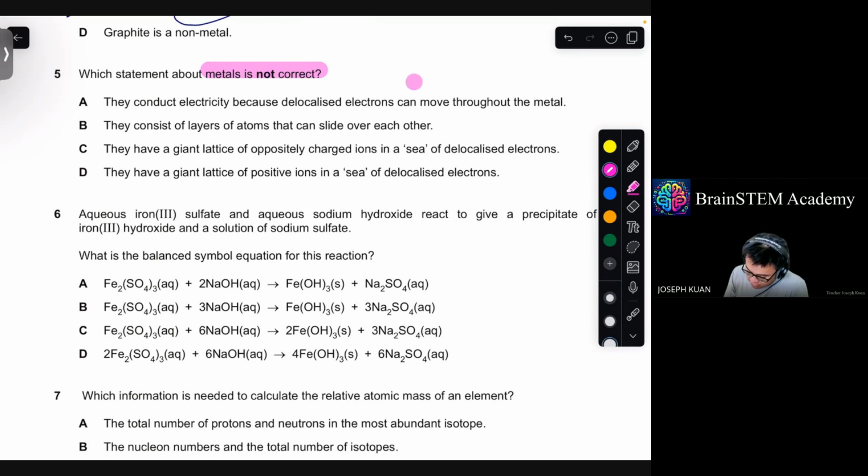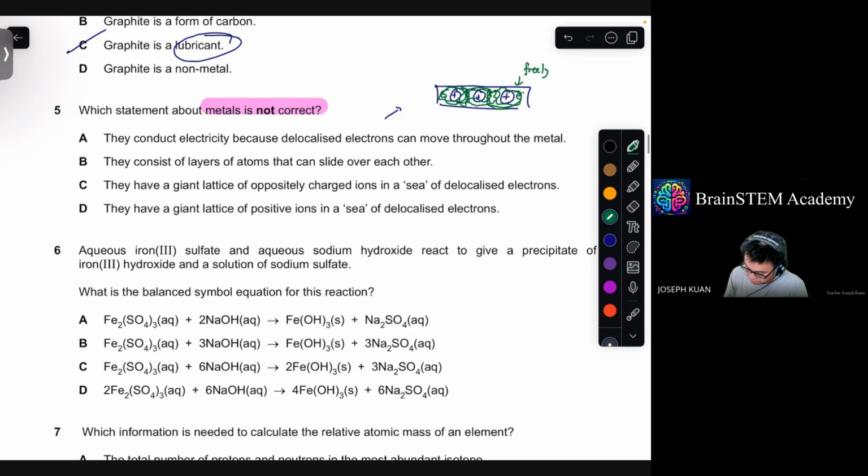That is, in fact, what is found in a piece of metal, where the positive metal ions are surrounded by these freely moving delocalized electrons, which circulate within the metallic structure. All right, so they are freely moving. Okay, so A is correct. So based on the question, it's not what we want.